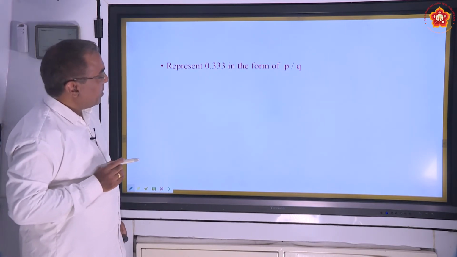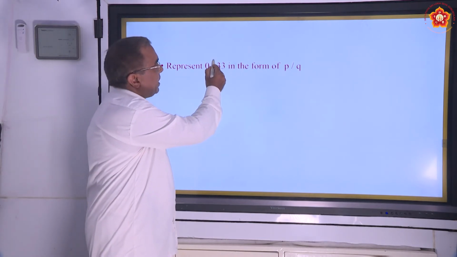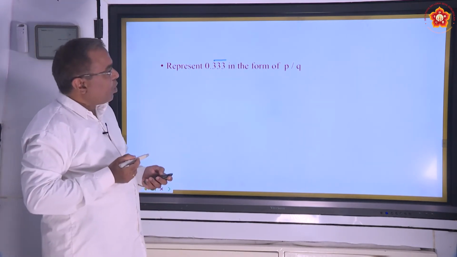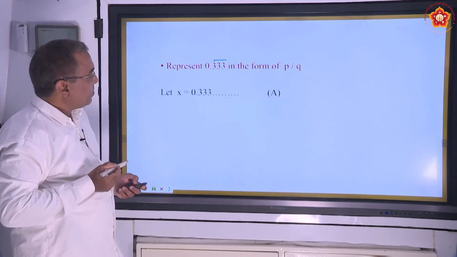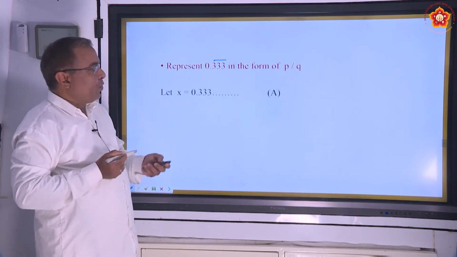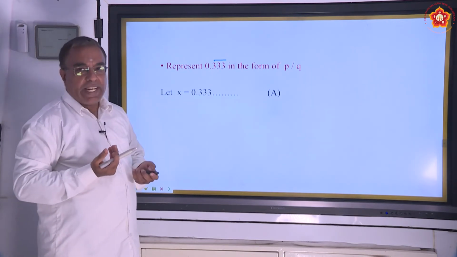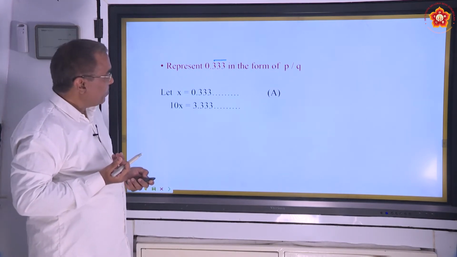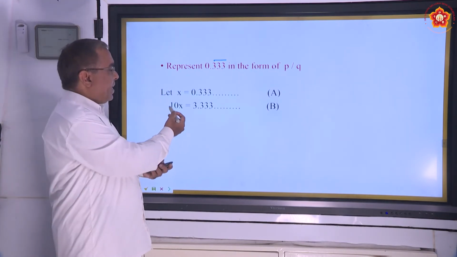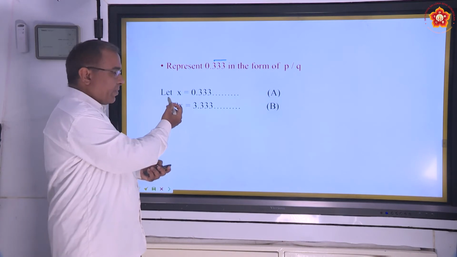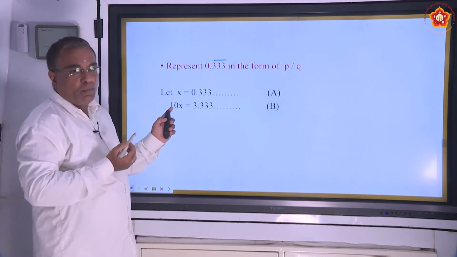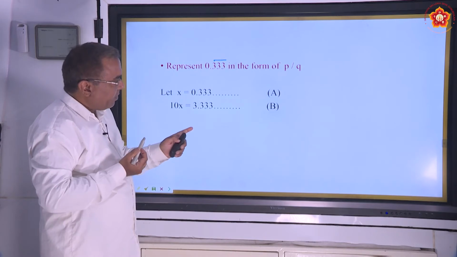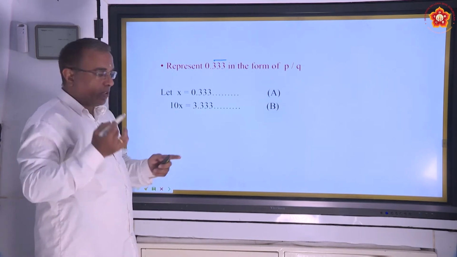Now consider this one, represent 0.333, which proceeds endlessly, in the form of p by q. We do not know what that value is, so we will take it as x. Multiplying both sides by 10, 10 into x will be 10x, and 0.333 into 10 will be 3.333, going on endlessly.